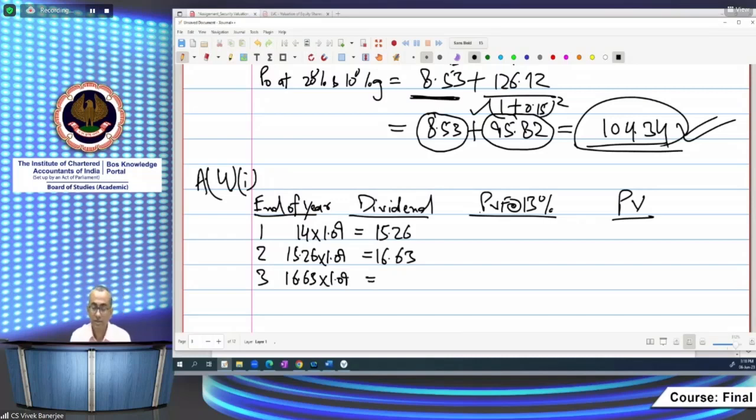Now dividend at the end of the second year will be multiplied by the growth rate, coming to 18.13. Now we will calculate this with the present value factor. But again, third year, Mr. B is expected to sell the shares.